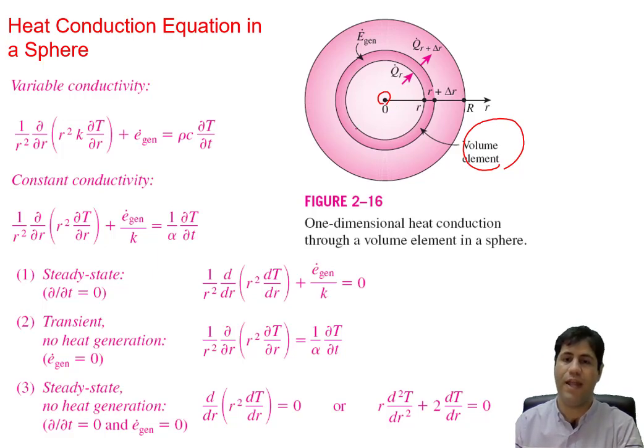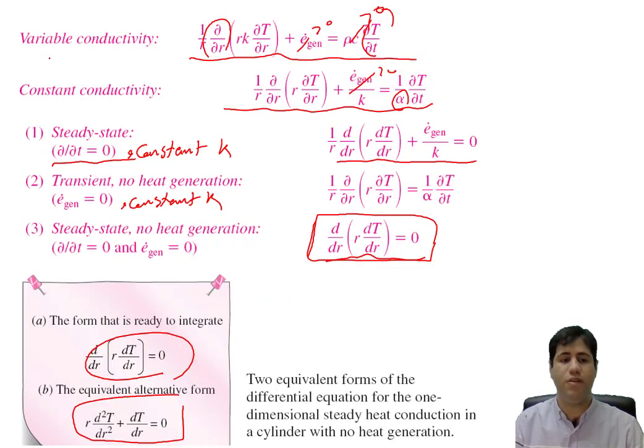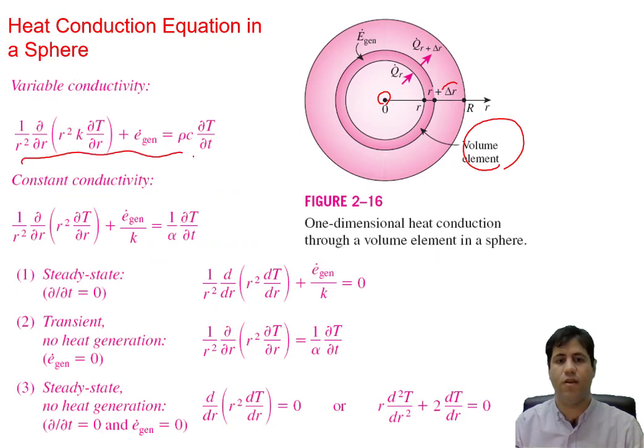So we select our element like this, at R is its inner surface, R plus delta R is its outer radius, and so its thickness is delta R. Again, if we write the energy balance for our element, finally we will reach this equation for heat transfer in this sphere: 1 divided by R squared, partial of these totally with respect to R or radius.